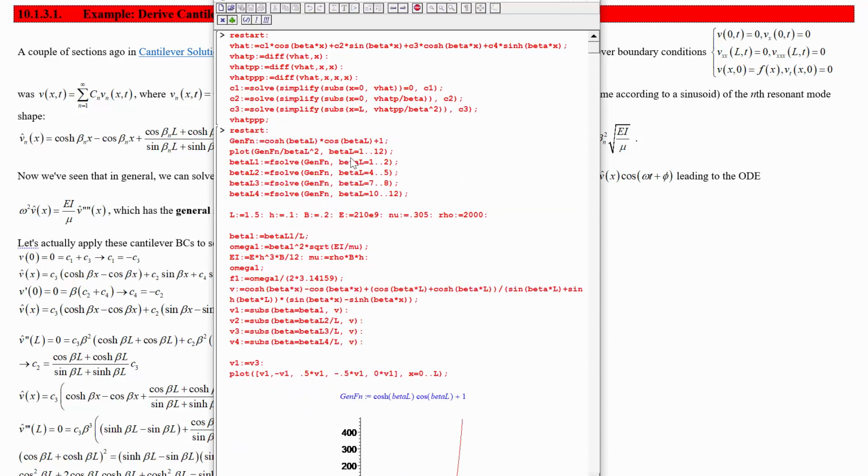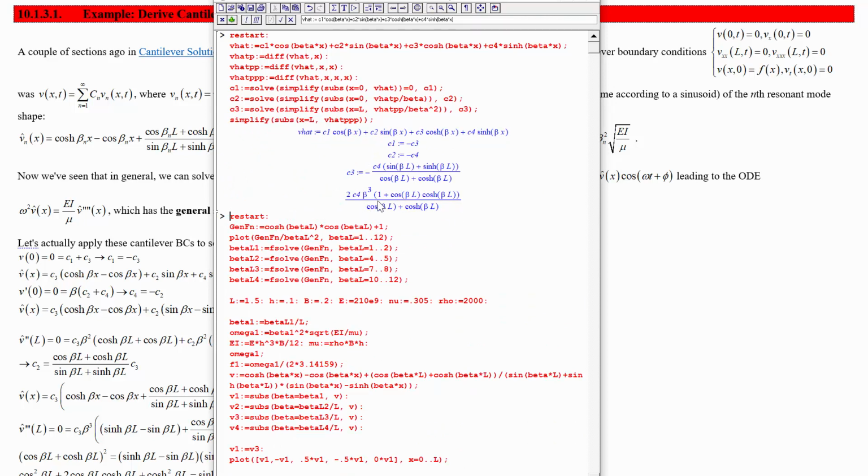So the last condition is that v hat triple prime, when x is equal to L, is supposed to be equal to 0. So this thing has to be equal to 0. Let's simplify it and see what it looks like.